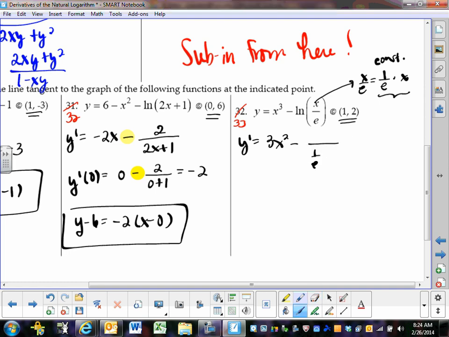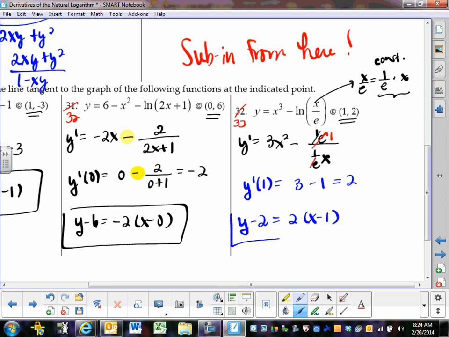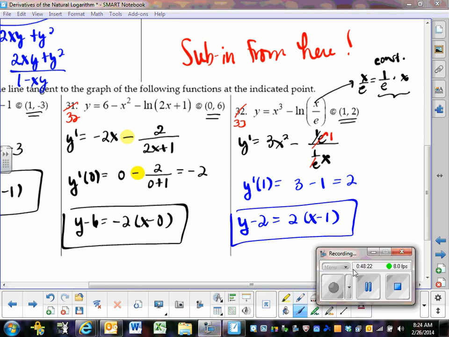Y prime at 1 is negative 4 plus 1, negative 3. So y minus negative 3 equals m times x minus 1. For the next one, y prime is negative 2x minus u prime over u. So u prime is 2, u is 2x plus 1. So the derivative at 0 is 0 minus 2 over 0 plus 1.